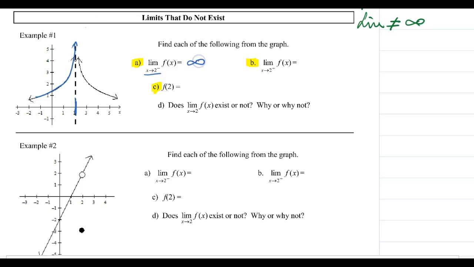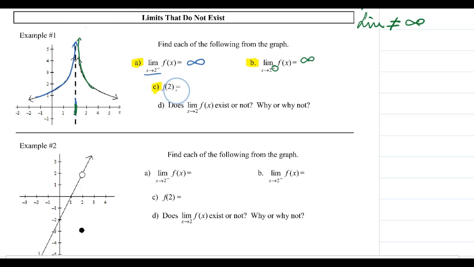I'm approaching positive infinity. For x approaches 2 from the right, that's what my little positive here means, I start to the right of 2 and approach it. And as I approach, I find I am similarly going up, and I am also heading toward positive infinity.